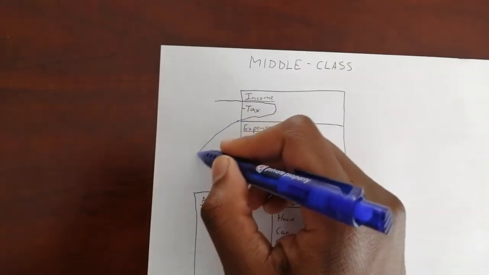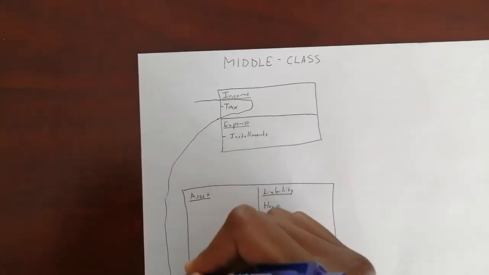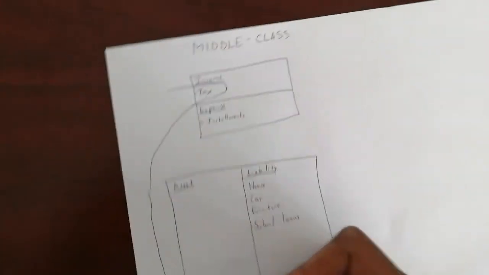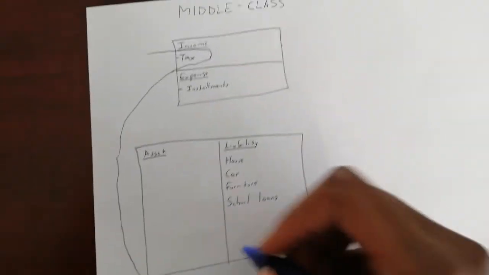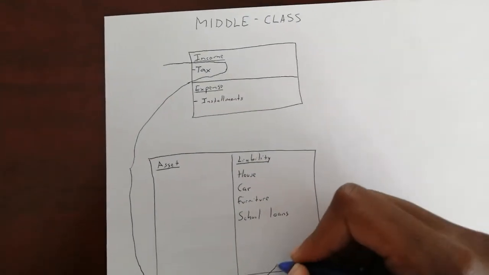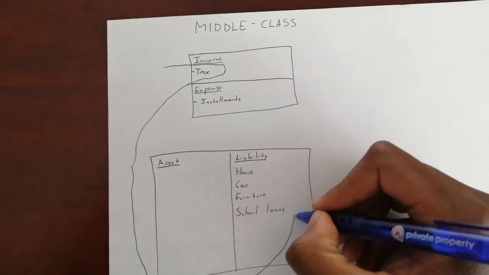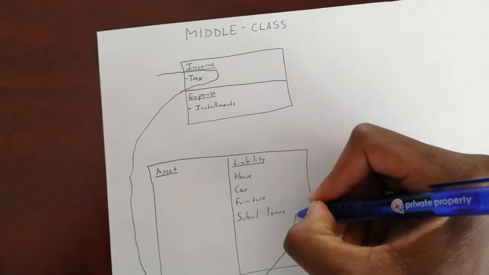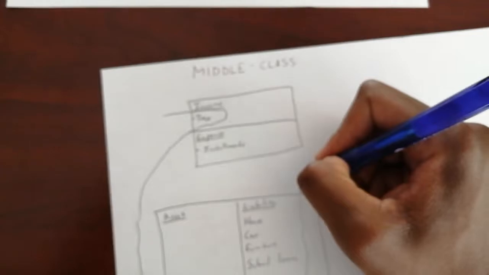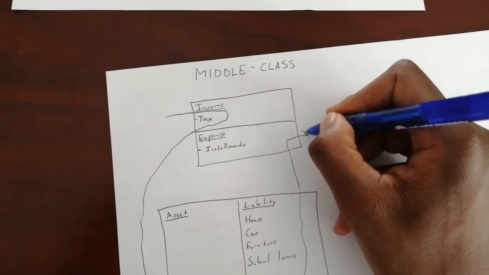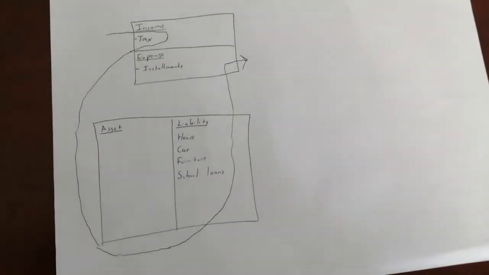So their cash flow goes like this. They buy no assets, and instead all their money goes into their liabilities, thinking that they're investments, and comes out every single month as an expense.